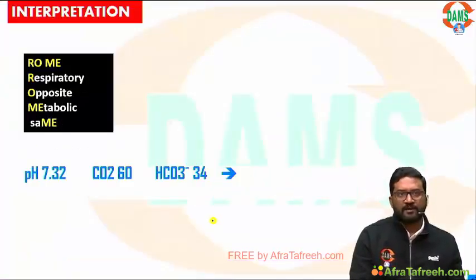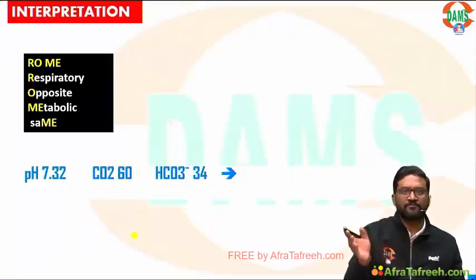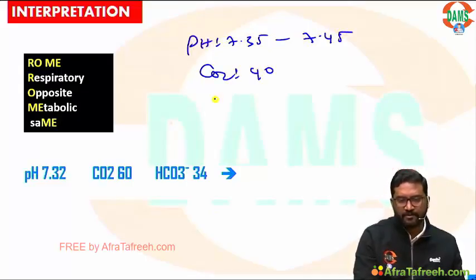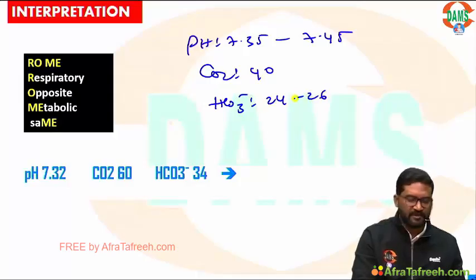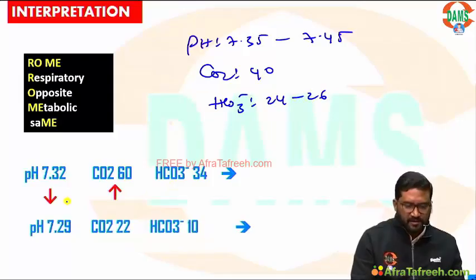Now this is a question, you only draw arrow marks. See, normal pH 7.35 to 7.45. CO2 take it as 40. Bicarbonate 24 to 26. Now just draw arrow marks. If you see here, pH is reduced, CO2 and bicarbonate increased.